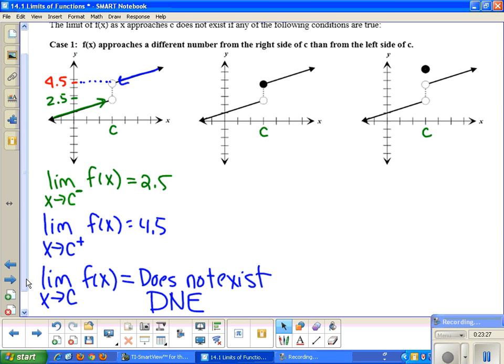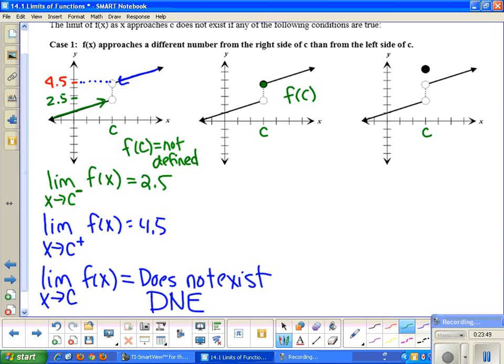Well, let's look at the second scenario. So now for this one, and I should have gone back over here, f of c for this function is not defined. And that means that I can never ever have a c value there. Whereas if you look at the second graph here, the value of c is defined because of this closed circle that we have.